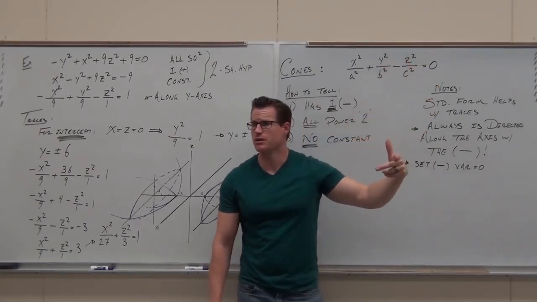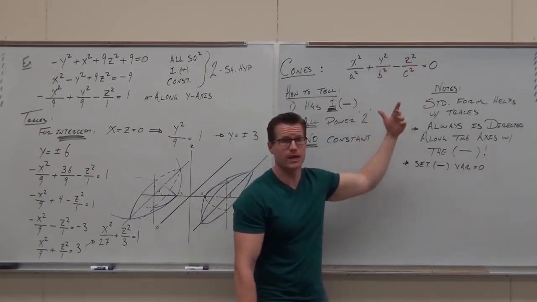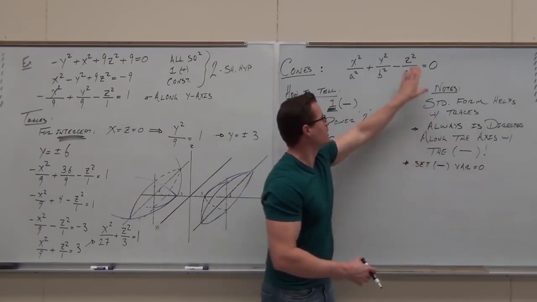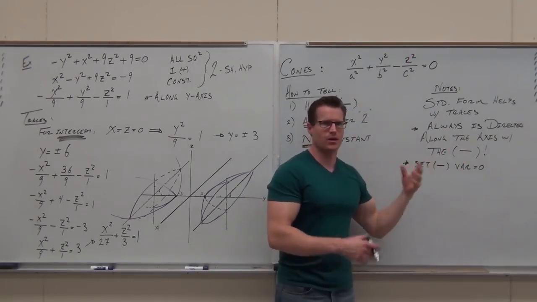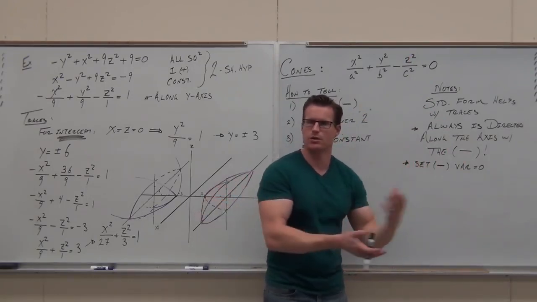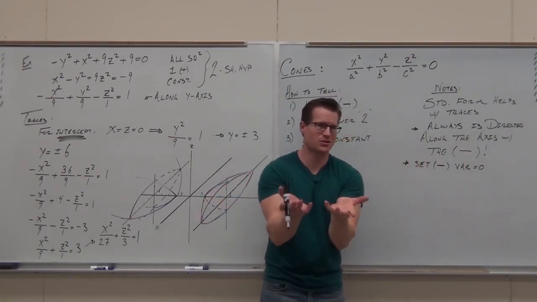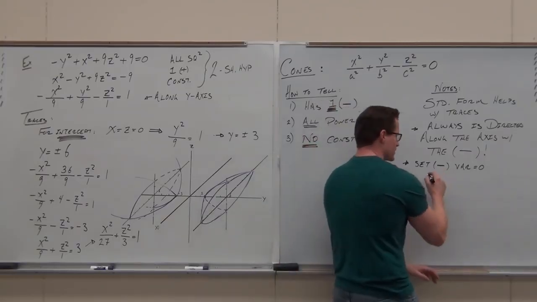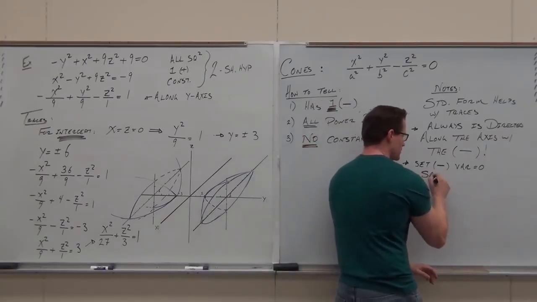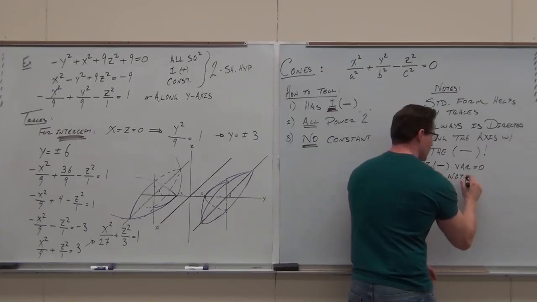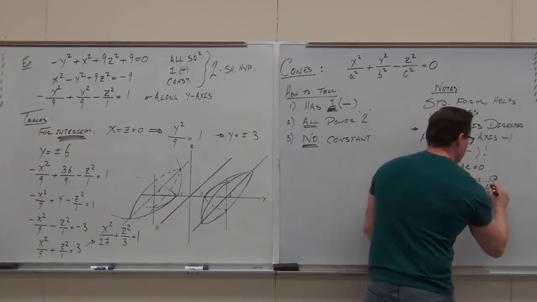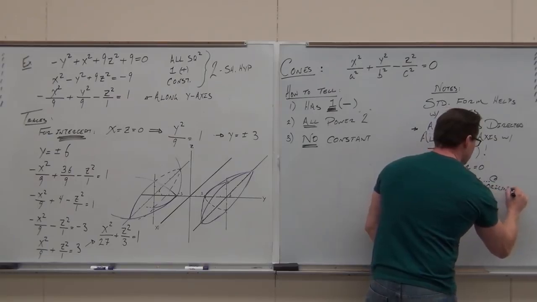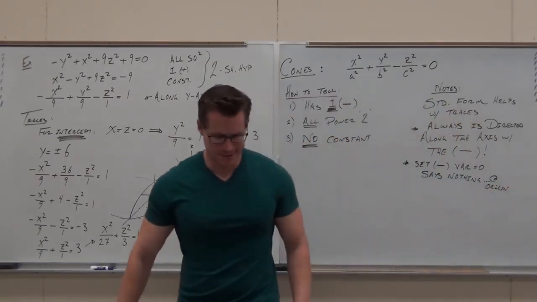Because none of them are negative, you can't subtract anything. They're all positive. So if I set that equal to 0, we're at the origin. That's why I said write down all of these cross at the origin, because you don't ever set this equal to 0, it just shows you that you're at the origin. So this says nothing, or it says you're at the origin. That's what it really says.